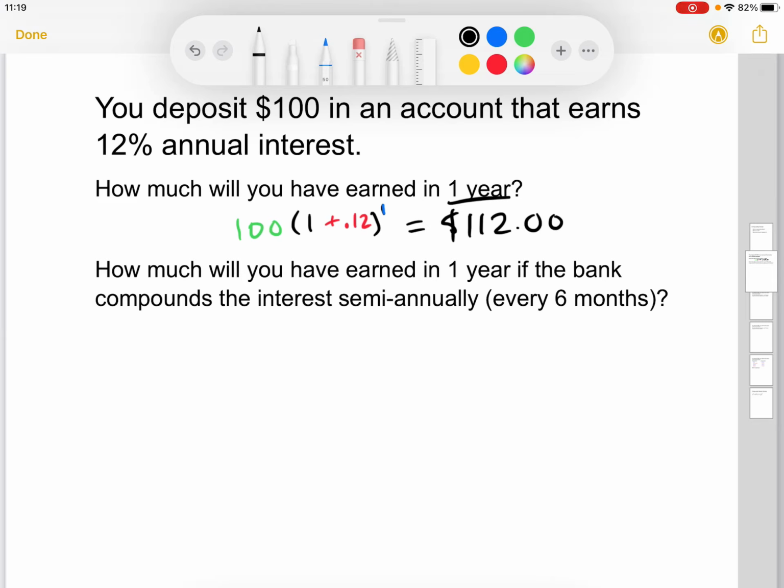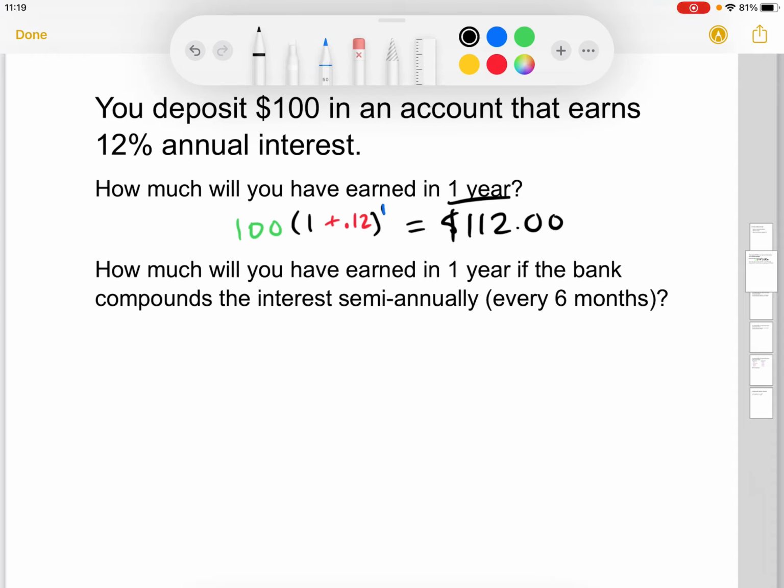Now, the next question here is a little bit different. So this asks, how much will you have earned in 1 year if the bank compounds the interest semi-annually, every 6 months?